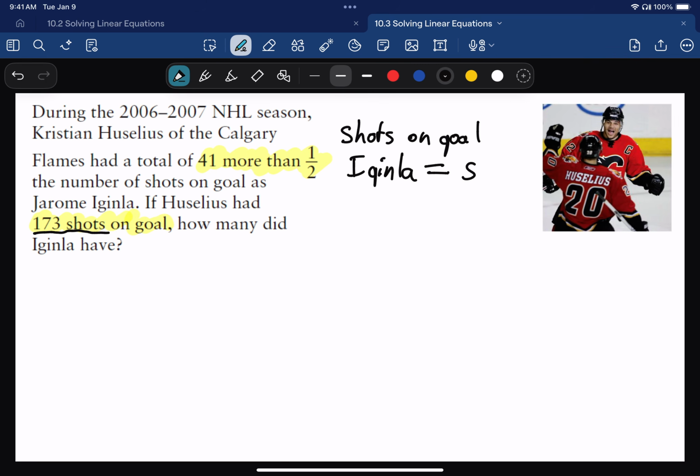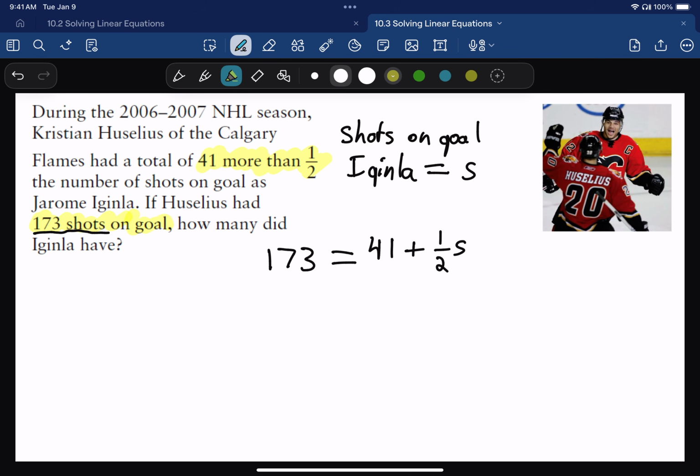So he had 173. Okay, so that's how many he had in total. And he had 41 more than one half the number of shots as Iginla. So he had 41 more plus one half of the shots that Iginla had.